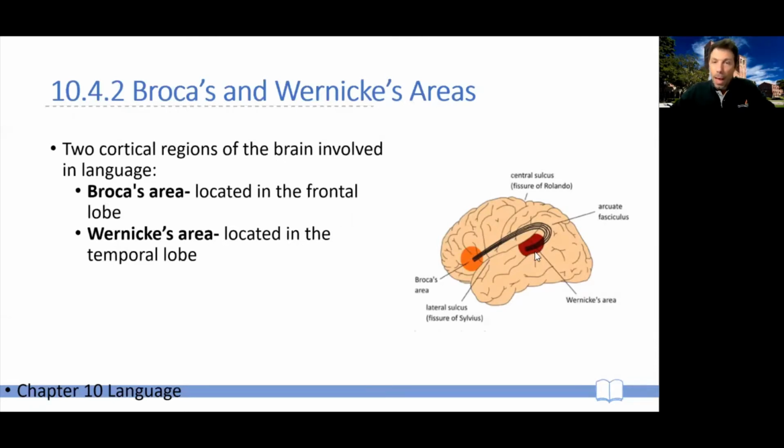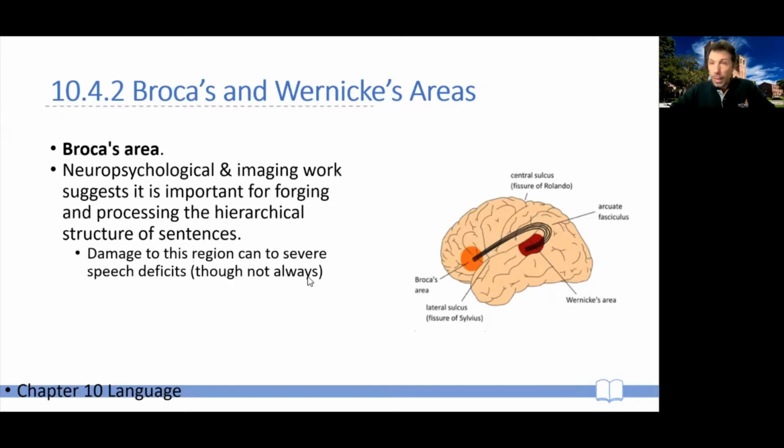And the other one, towards the back of the brain, is known as Wernicke's area. This is in the temporal lobe, or at the junction between the temporal lobe and the parietal lobe just above. These two areas seem to specialize in different aspects of our language.